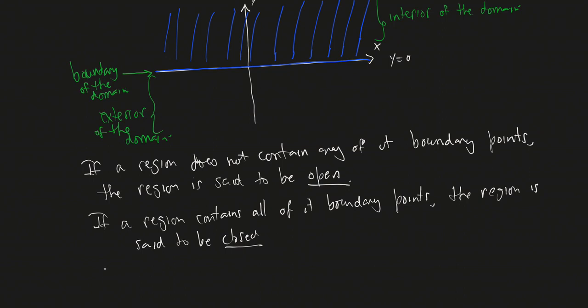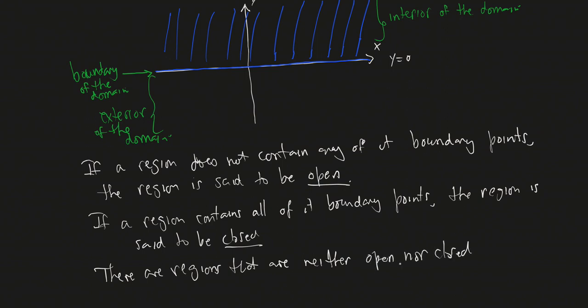So there are regions that are neither open nor closed. So you cannot think of these as opposites, right? So here's another example.